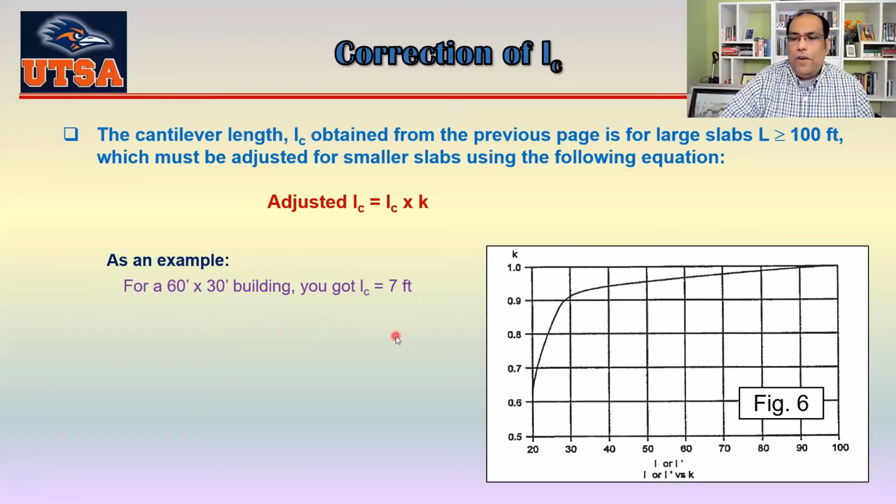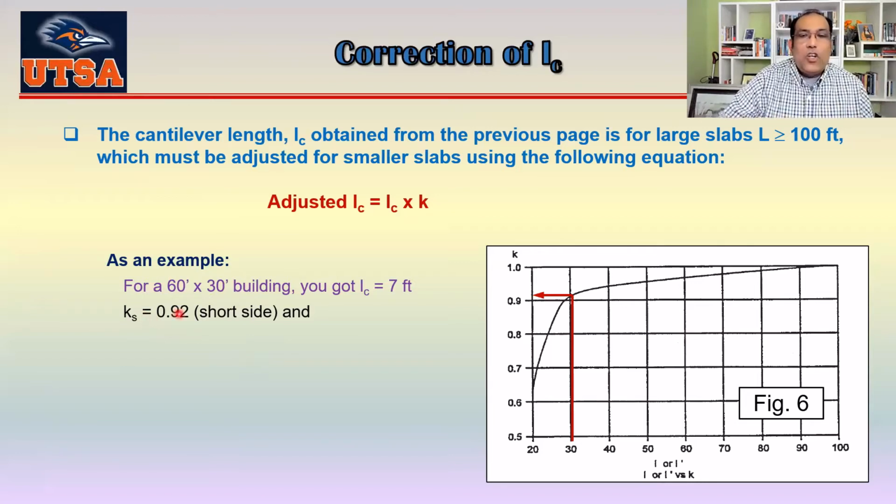So first of all, if I take the 30 side here, then I get that value from here, which is 0.92. Okay, so the long side is along the length and the short side is along the width. So K for the short side is 0.92.